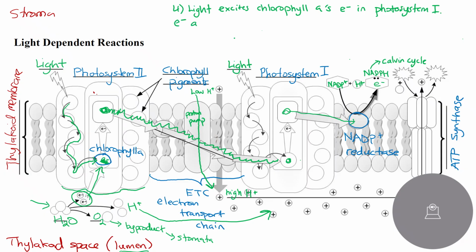Electrons are placed on NADPH by NADP plus reductase. NADPH goes to the Calvin cycle.